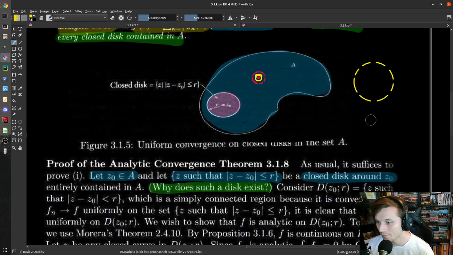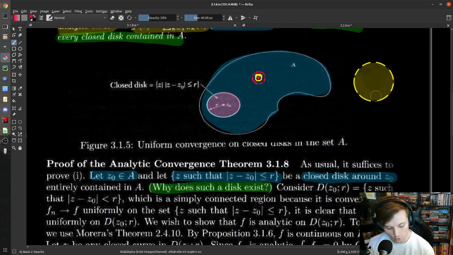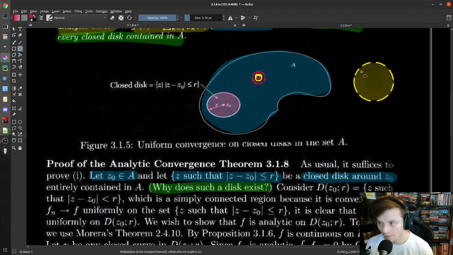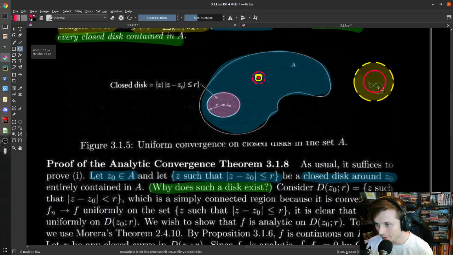Okay. So we've got some kind of an open disk here, right? Okay, all good. Now we're finally back to drawing better. If you've got all these points here, you've certainly got a little tiny closed disk inside of it.